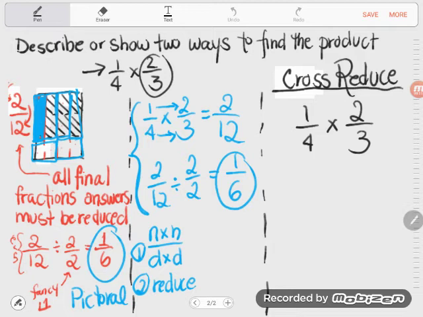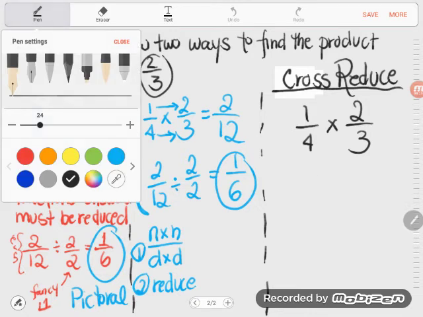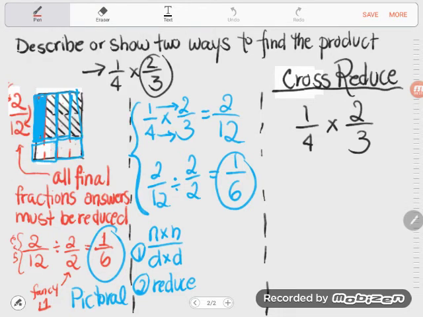On a problem like this, it actually doesn't matter so much if you cross-reduce. But on some other problems, cross-reducing is the only way to go. Like, it would be really junk to multiply them all together before I reduced, because it would take me a long time. But when you cross-reduce, you just look for any number in the numerator with any number in the denominator that have a common factor.